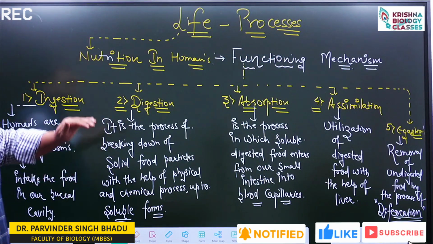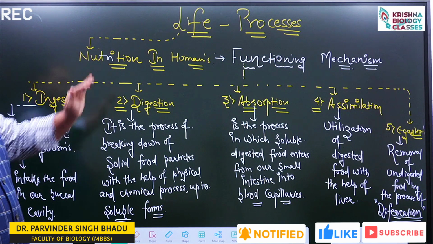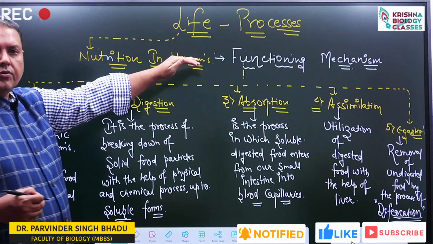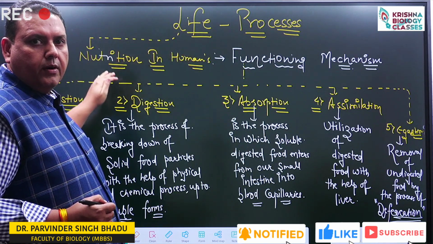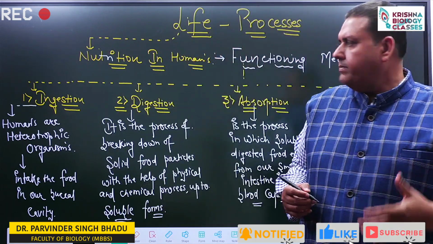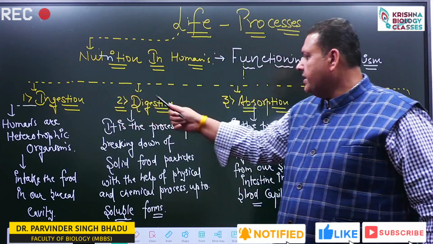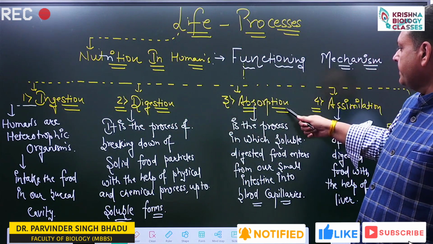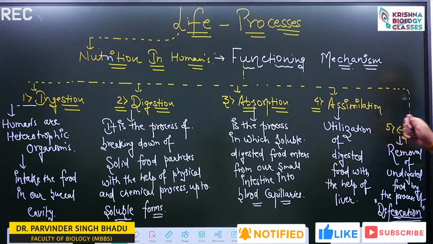So, in summarized manner, we say during the functioning mechanism of nutrition in human, we need to understand the 5 steps. These are ingestion, digestion, absorption, assimilation, and egestion.